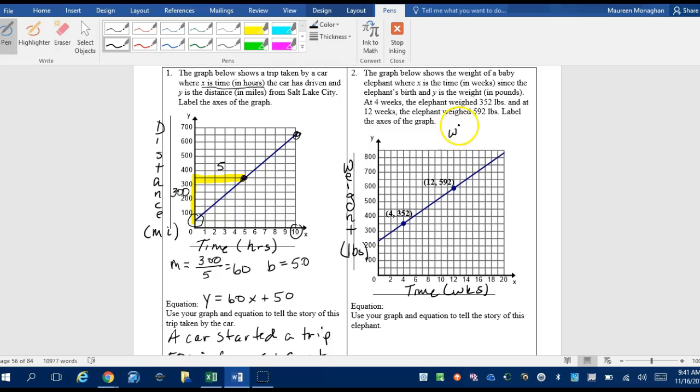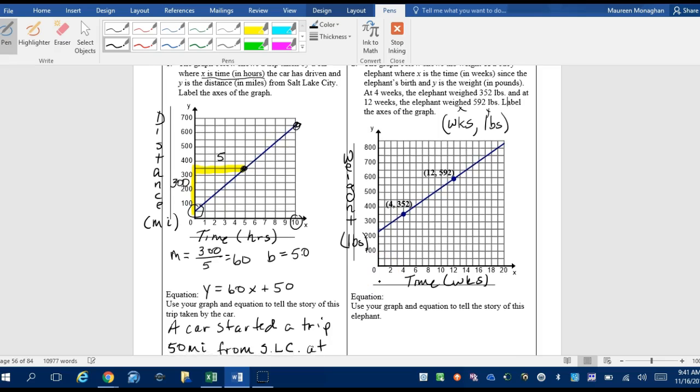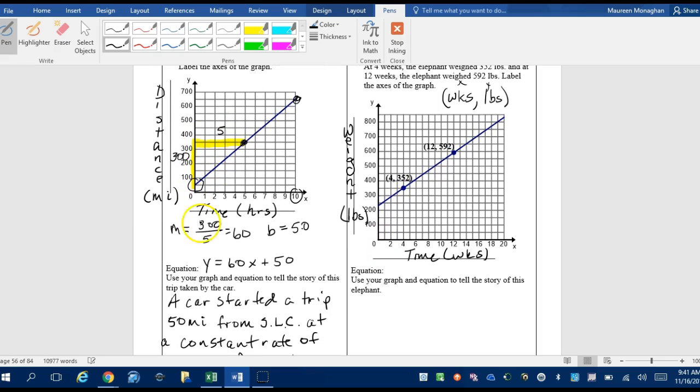So that's how our points are going to be set up. Weeks and pounds, right? Because this is x and this is y. We're going to need this space down here to work this out. 4 weeks, the elephant is at 352 pounds, and at 12 weeks, 592.